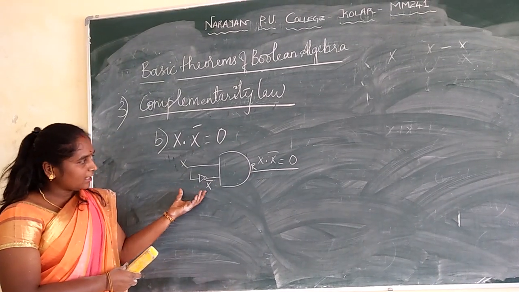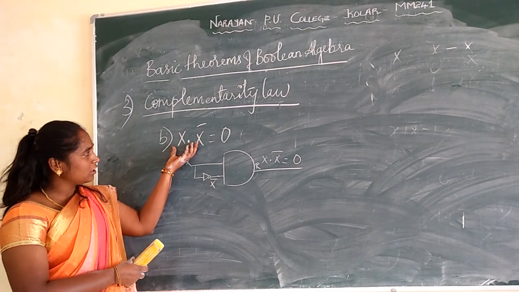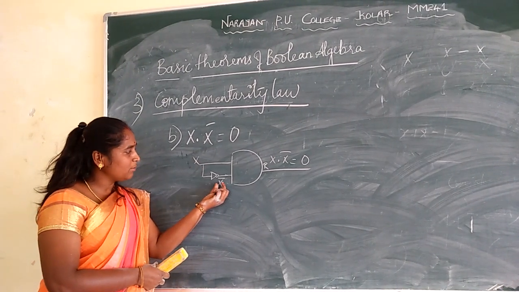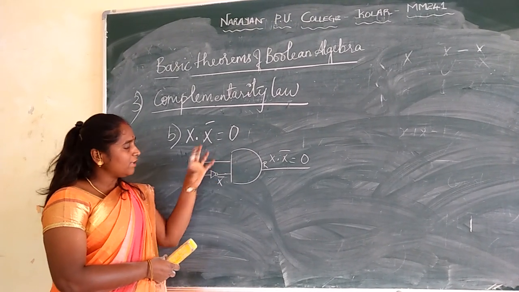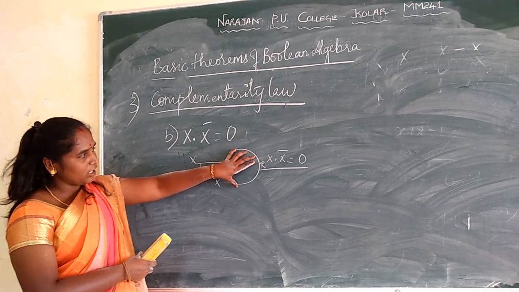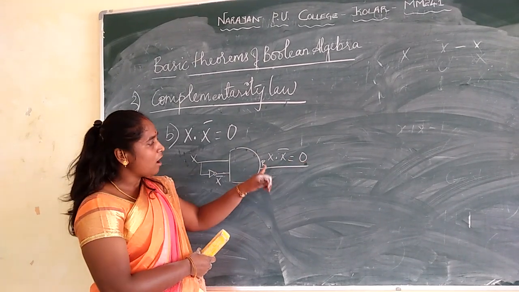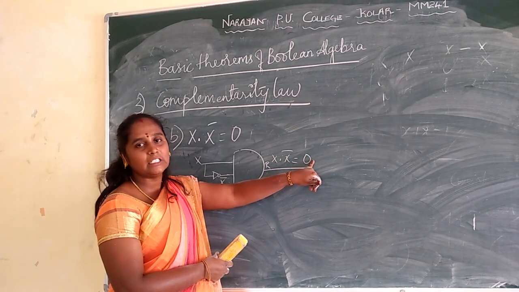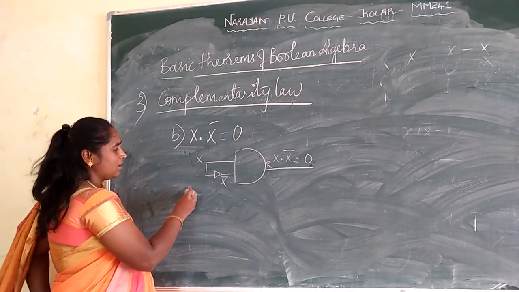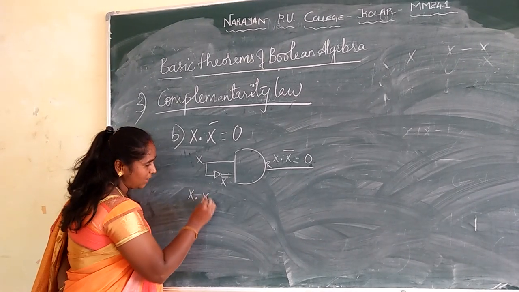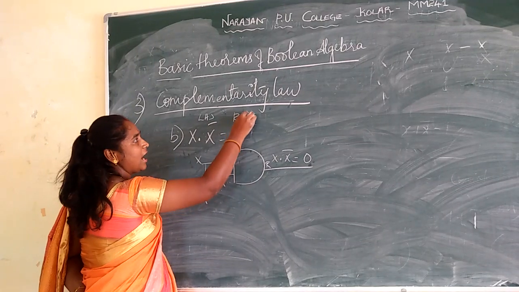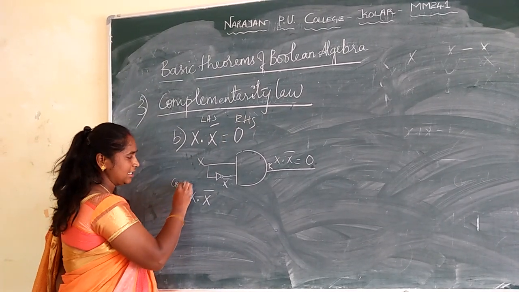The logic circuit of this rule has x as the variable and its complement using a NOT gate. When using the AND operation, the result is 0, that is x into x bar equals 0. So first, x into x bar: consider this your LHS and this your RHS. I am considering the LHS.